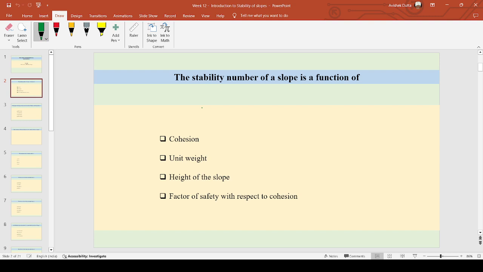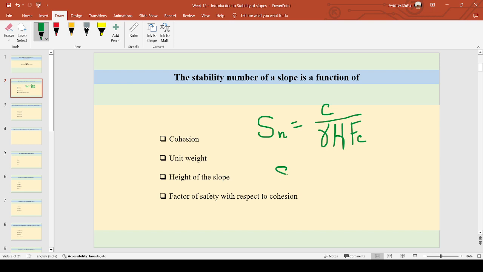The stability number of a slope is a function of. So the formula for the stability number is, you can write like this: Sn equal to C by gamma H Fc, where Fc is the factor of safety with respect to cohesion, H is the height of the slope, gamma is the unit weight, and C is the cohesion.